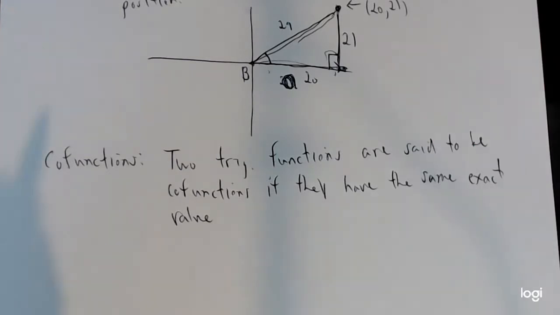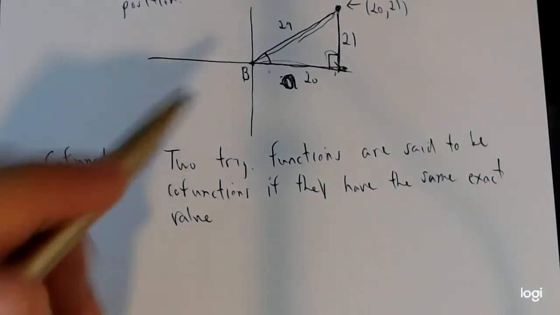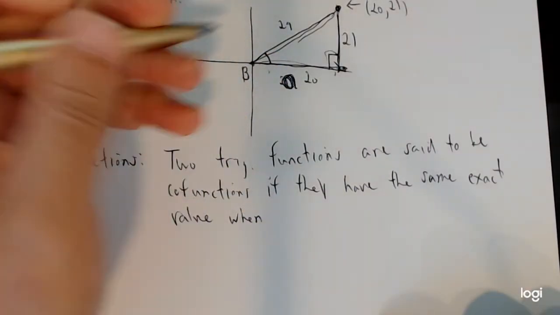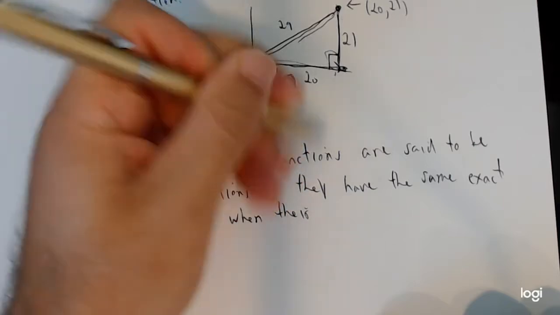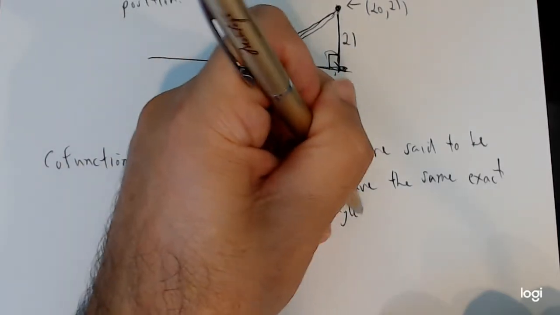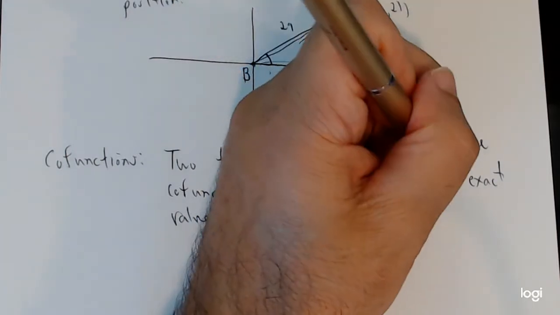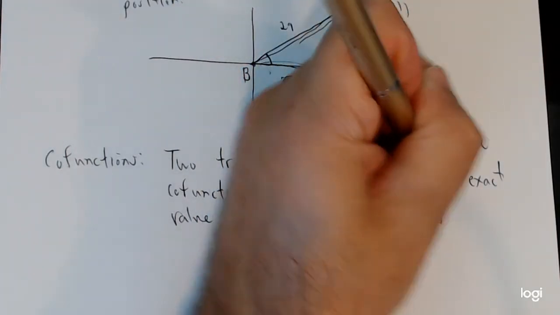So in other words, you take their ratio, you get the same thing, or when their angles are complementary.